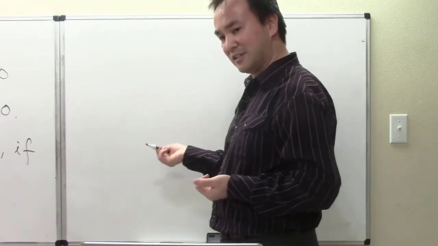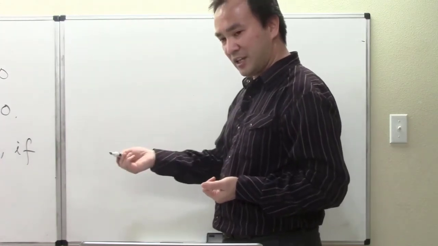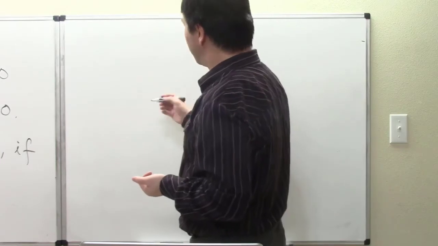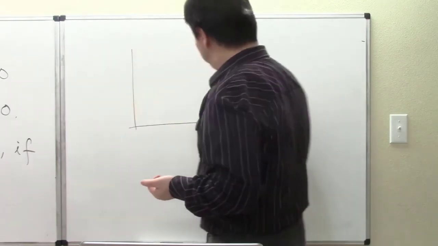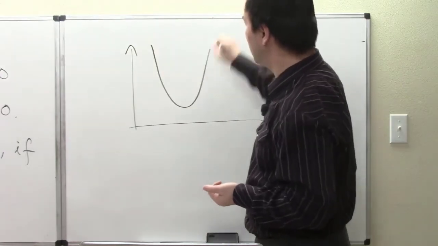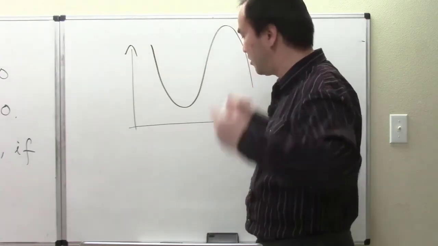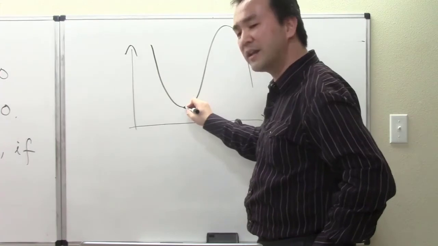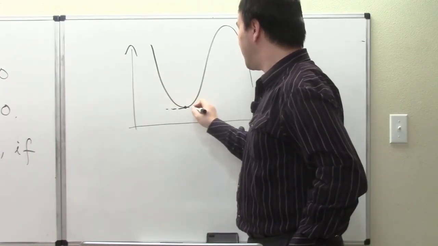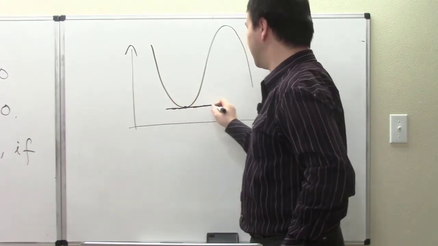So what matters the most is how we can use the second derivative to decide the local maximum or local minimum. But before I get into that, let me bring up a graph again. The graph has low and high and low and high, just any graph. At this bottom peak right here, everybody already knew the tangent line is horizontal.